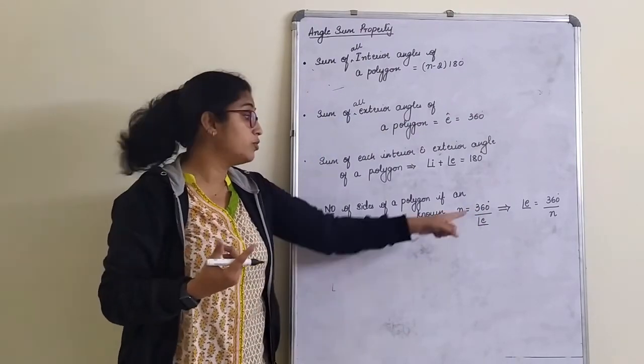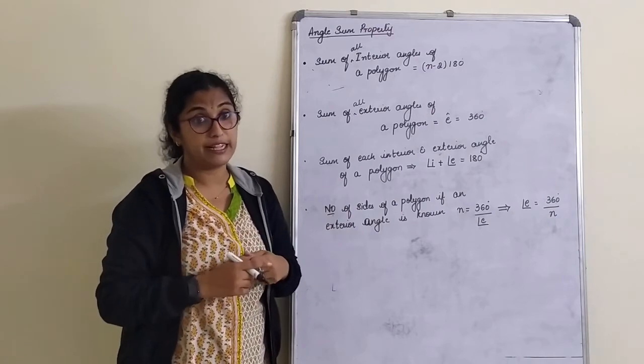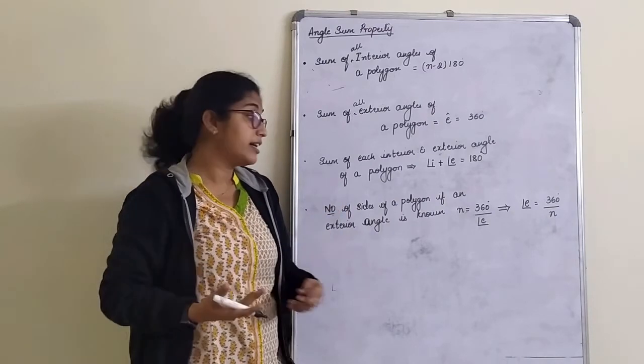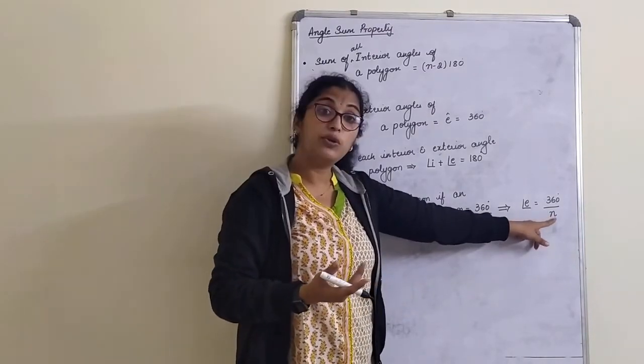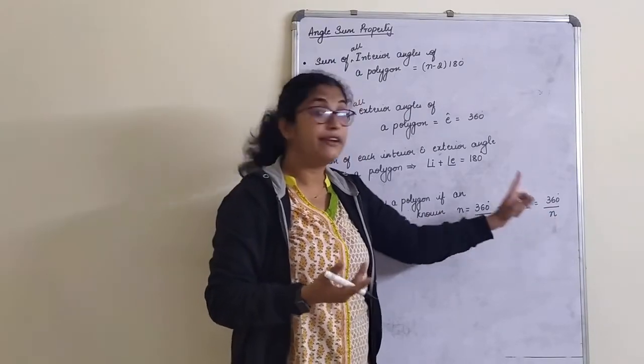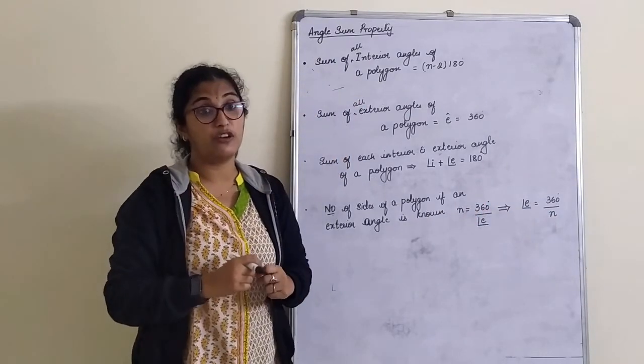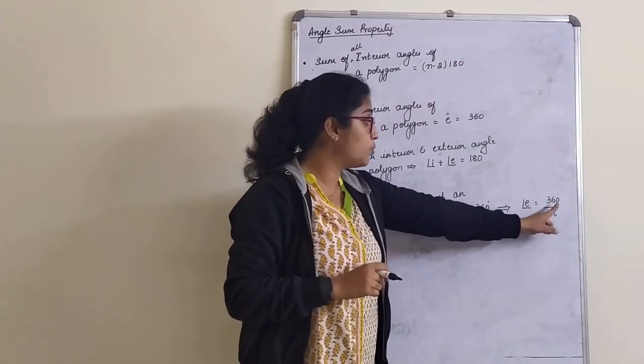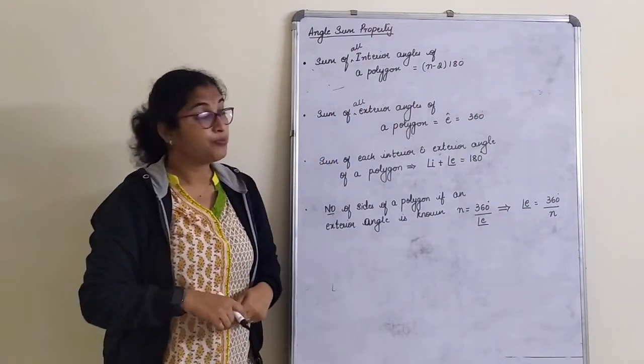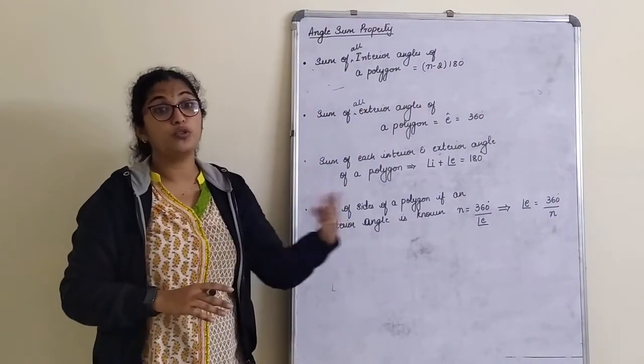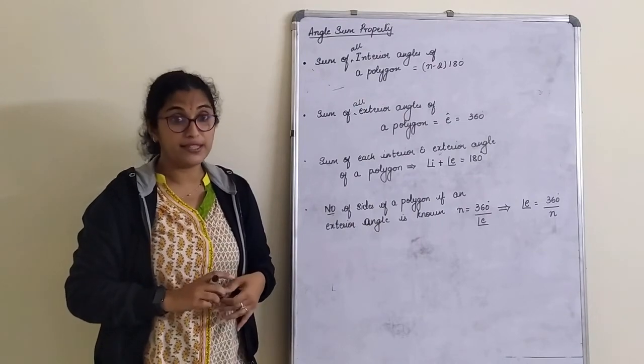You will come to know the polygon and its number of sides. The other way, if they have given you the number of sides of a polygon, you can find each exterior angle of a polygon, that is E is equal to 360 by n. These formulas you should know to solve the further numericals of this chapter.